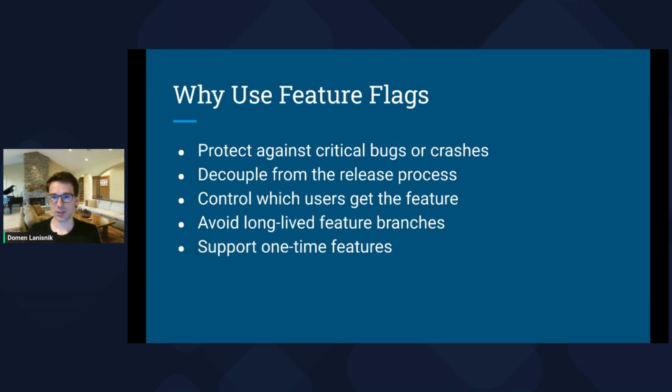One common business case is also that you might have one-time features like a marketing campaign or a holiday promotion or anything that's time sensitive. And without a feature flag, you would have to target the release closest to the start date of your campaign and release it.